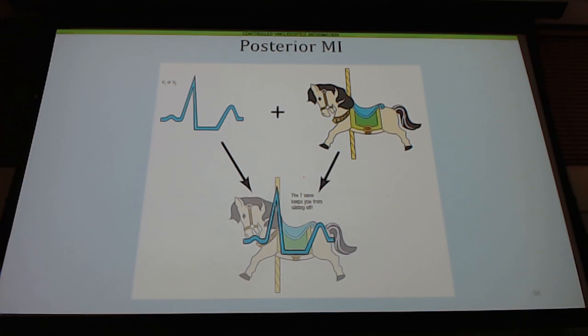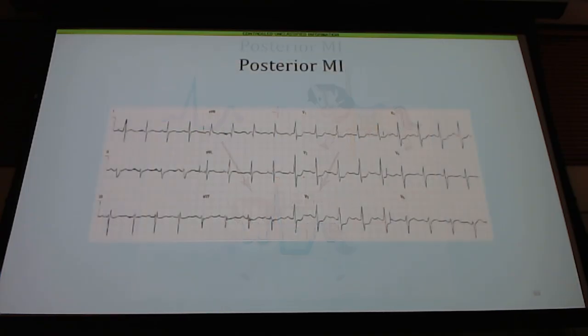So if you see the carousel sign in V1, V2, be suspicious for a posterior wall MI. And here's an example of that. Imagine that's a saddle that somebody can sit on as they're riding around on a carousel horse.